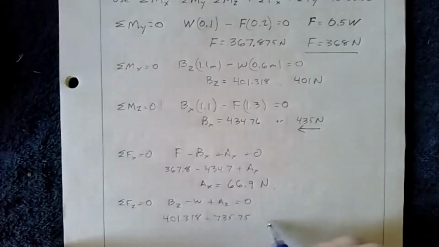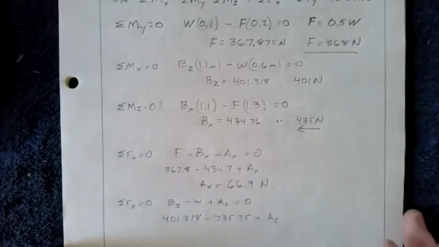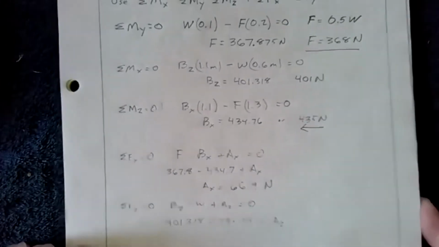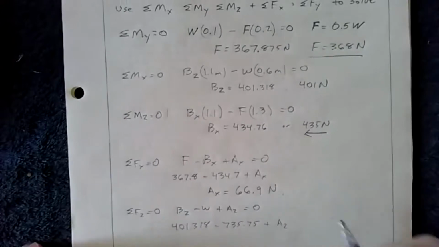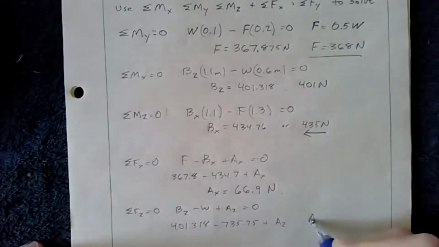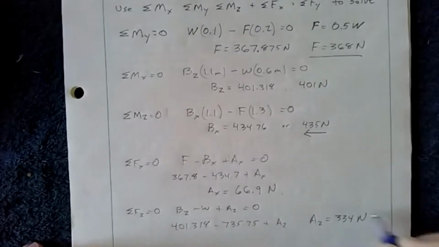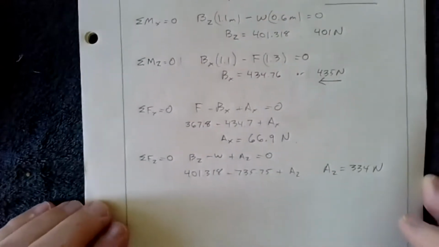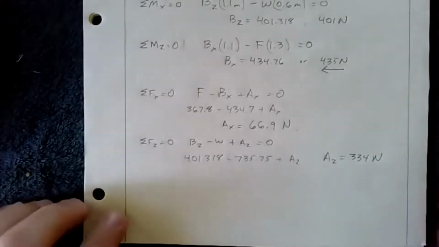You don't have to carry all these if you don't want, because as long as you're within a percent or so, you're close enough for government work. So AZ equals 334.